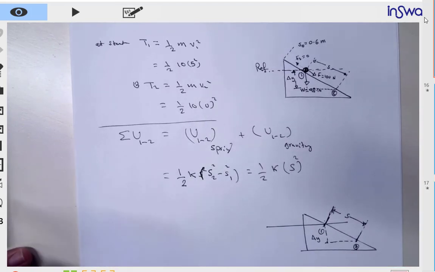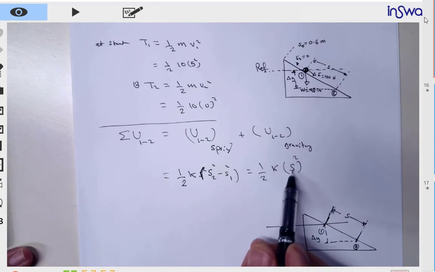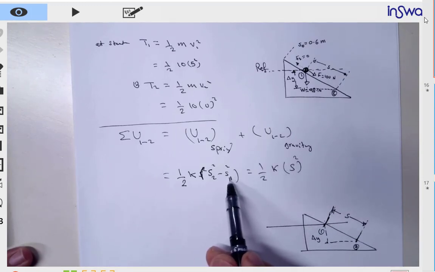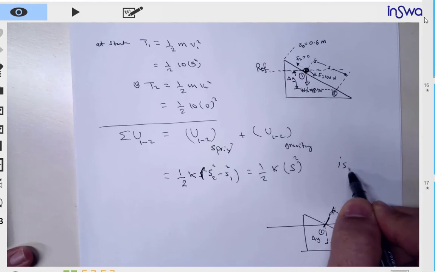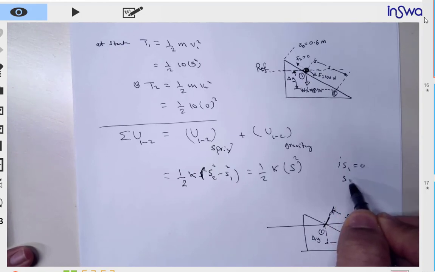I don't want to write S2 and S1. Okay? So this is the displacement. Again, S2 minus S1 squared, S1 is 0, S2 is S in this case.